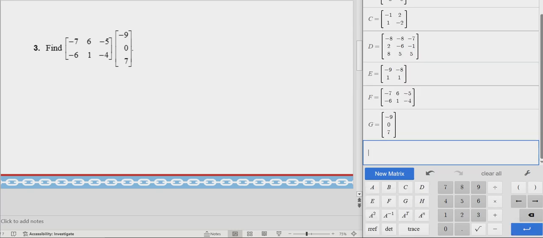And then I just tell the calculator to multiply F times G. Right, so I get a 2 by 1 matrix. 28 and 26 are my elements.